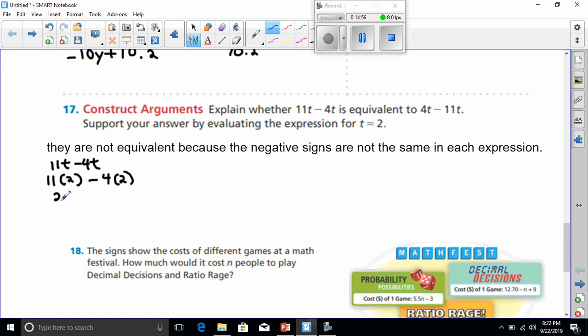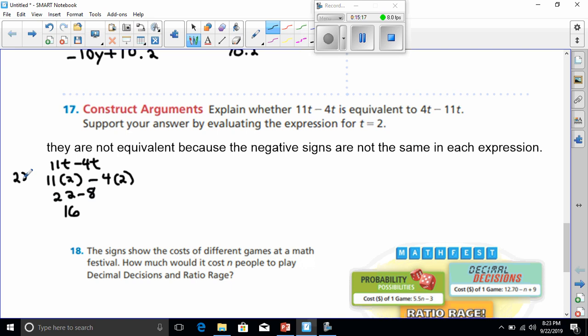Well, 11 times 2 is 22, and negative 4 times 2 is minus 8. 22 minus 8 is going to give me, let's see here, I'm going to go with 16.